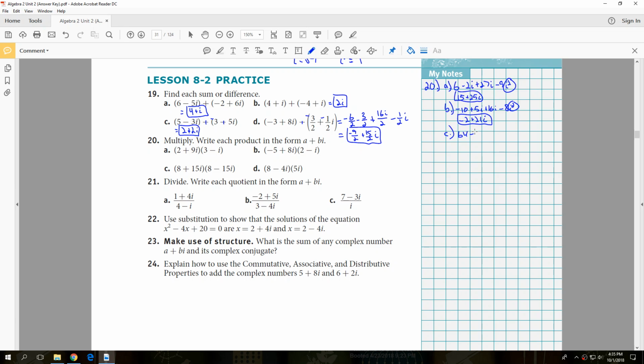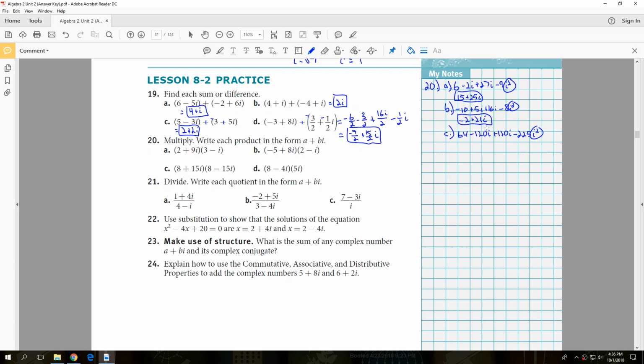So that would be minus 120i, and then 15i times 8 would be plus 120i, and then 15i times 15i should be 225. Let's make sure. Yep, 225. So minus 225i squared. Again, that's going to turn into a positive there.